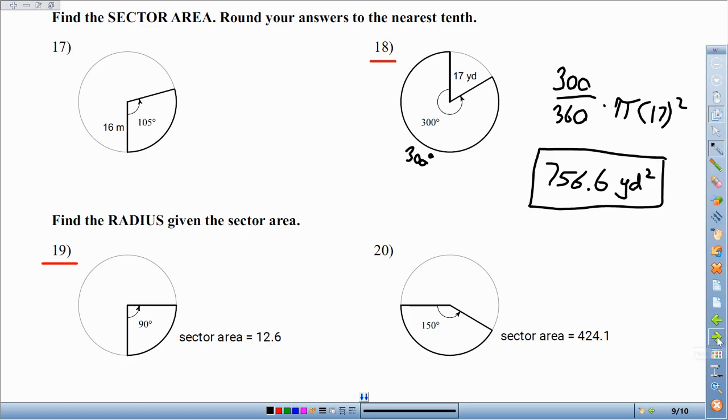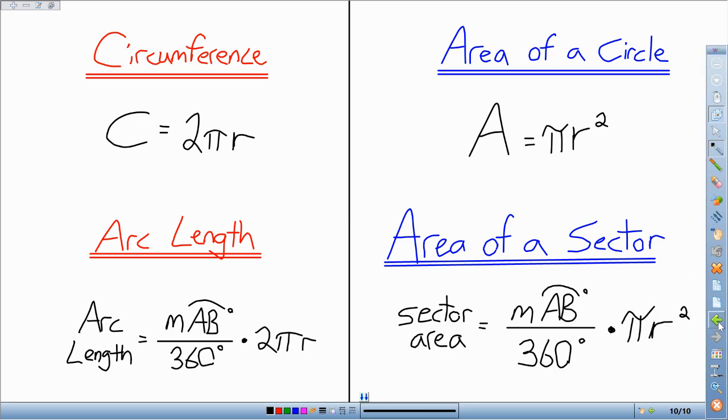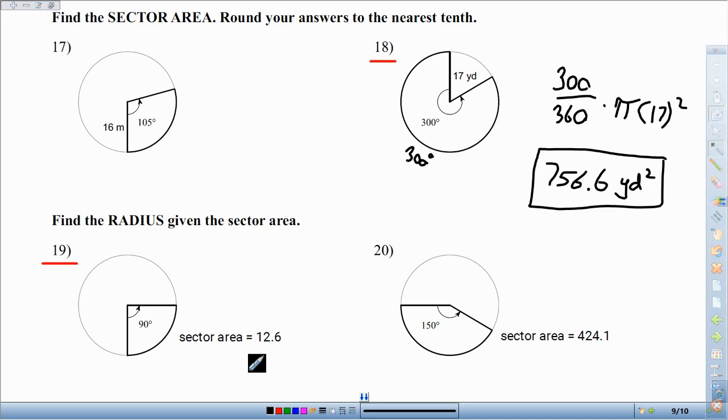So again, we're plugging into this formula and solving for r. Let's start with the sector area. They're telling us on this one, number 19, it's 12.6. And that equals the measure of the arc, which is 90, divided by 360 times pi r squared.